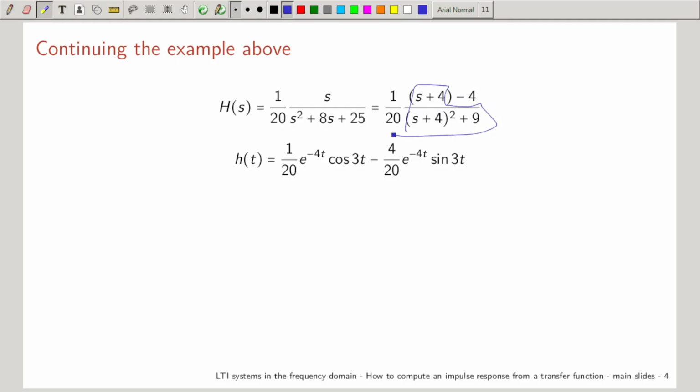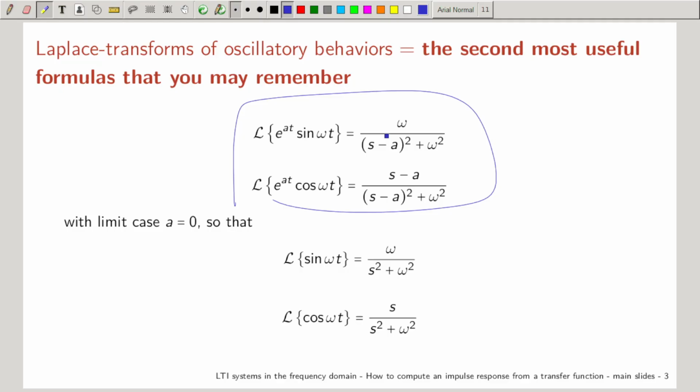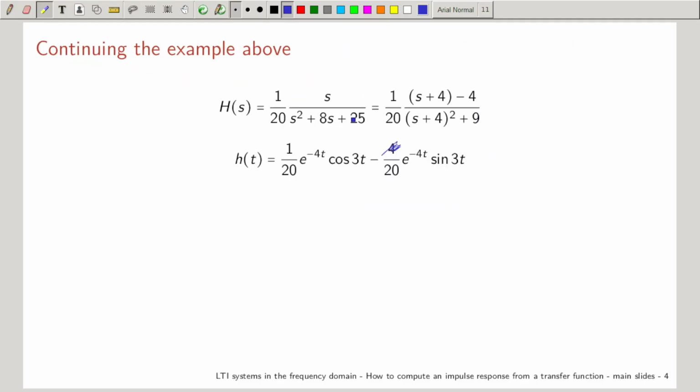This part here is this stuff, and this part here is this part. True? And I've got a 1/20th in front and a 4 in front. This one should be wrong. Oh, no, it's correct. It's correct.